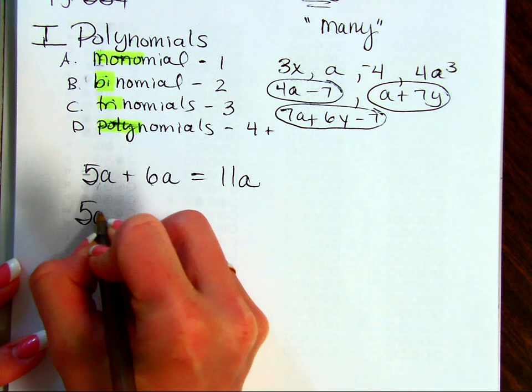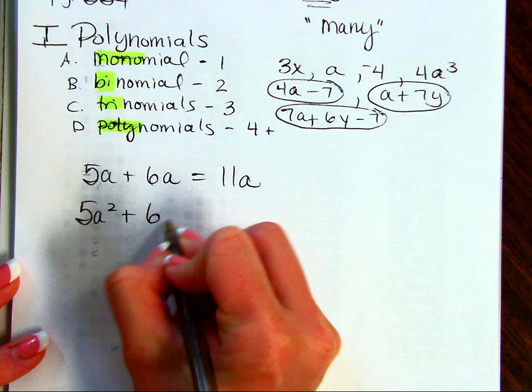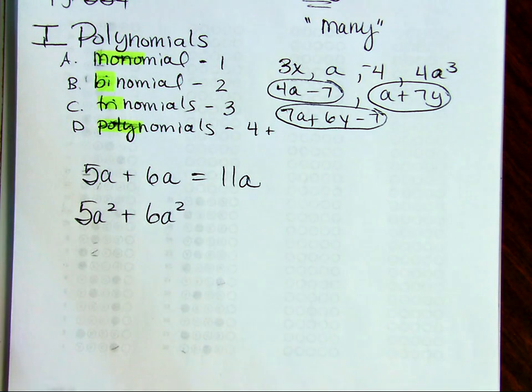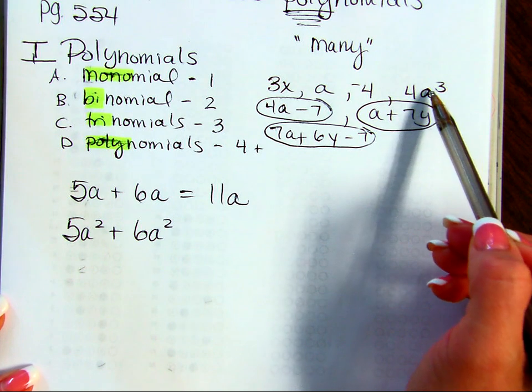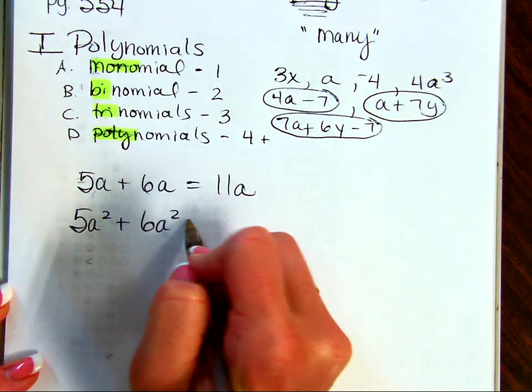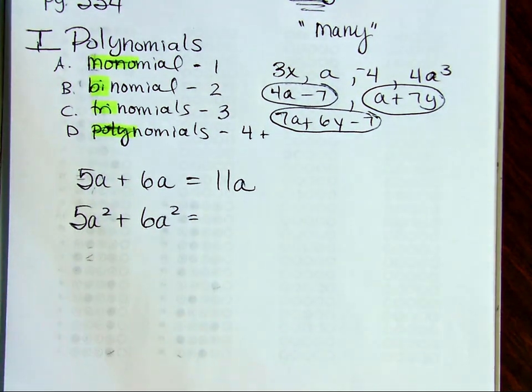But the difference that you're going to see here today in polynomials is that polynomials can contain, as you saw up here, exponents. All right? And it's almost like a cruel joke, the people who wrote this book, because you just came off of chapter 8, where you were adding the heck out of exponents, weren't you? Right? When you multiply, you add.